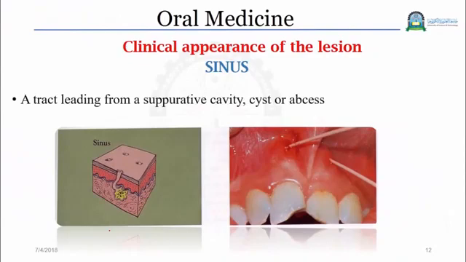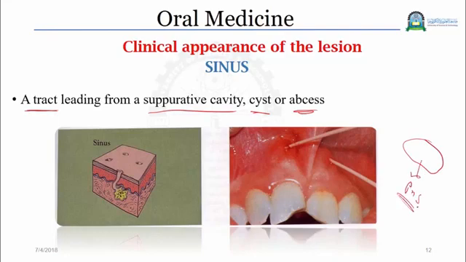A sinus is a tract leading from a suppurative cavity, cyst or abscess. A suppurative cavity means a cavity containing pus. This pus tries to exude, forming a tract, and we call it a sinus. This clinical photo shows a sinus tract resulting from pus formed due to a traumatic lesion in the central incisors.